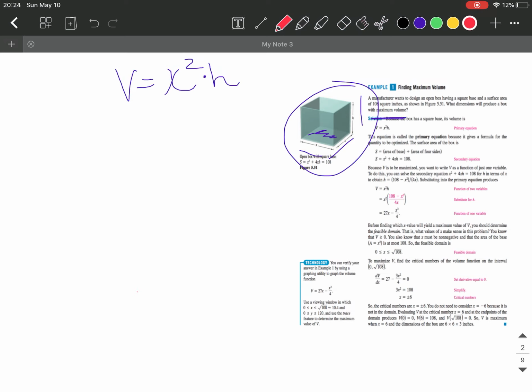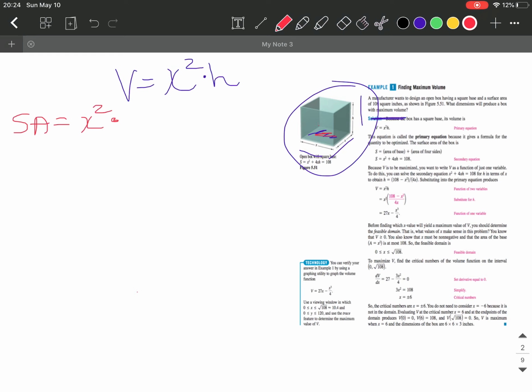So what's the formula for surface area of this specific box? So if you notice, we have 2x squared, which is the bottom and the top. Oh, it doesn't have a top. So it's an open box. So we only have one. The surface area of this is only going to be, the bottom is x squared.